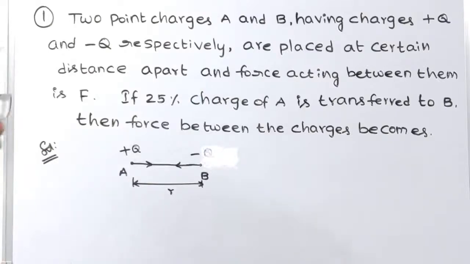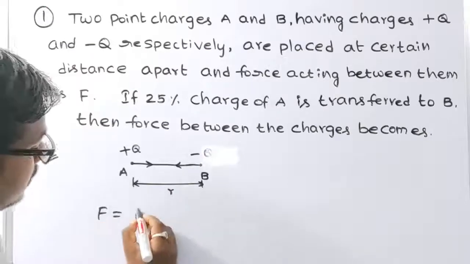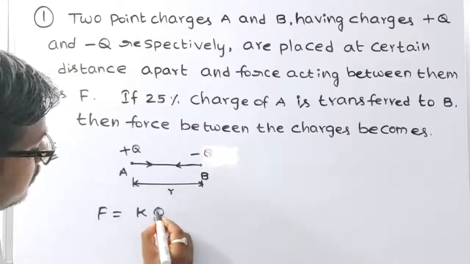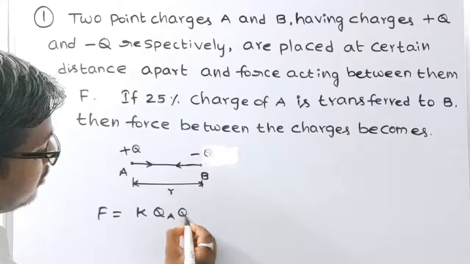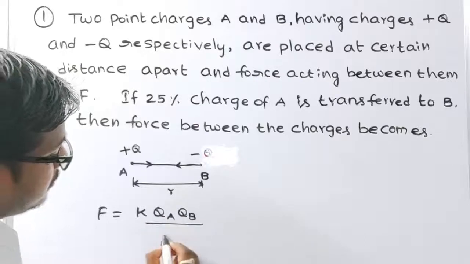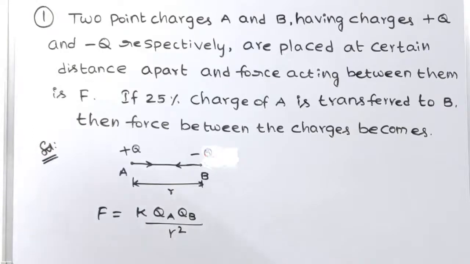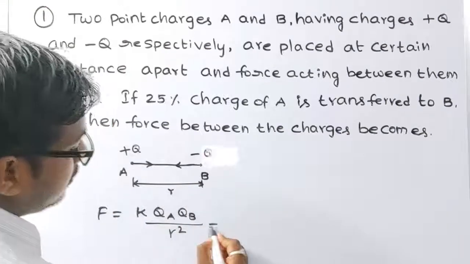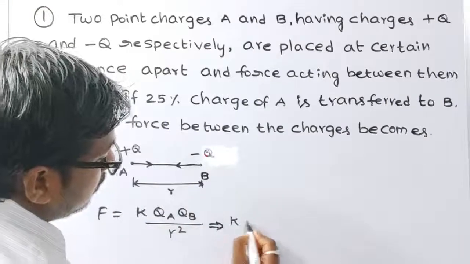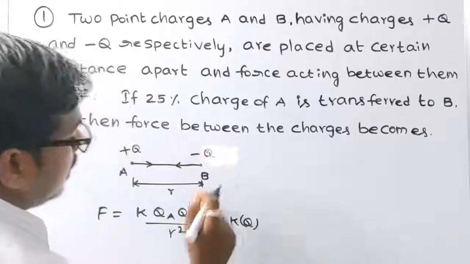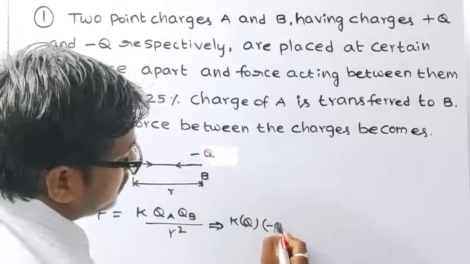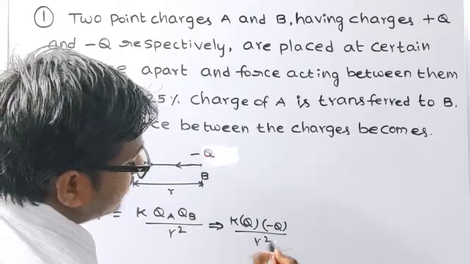According to Coulomb's law, F is equal to K into QA QB by R square. QA is Q and QB is minus Q, by R square.